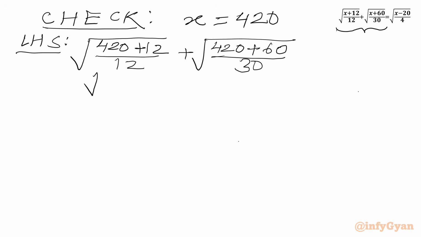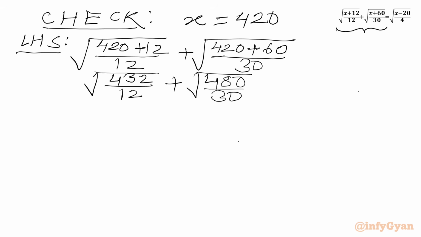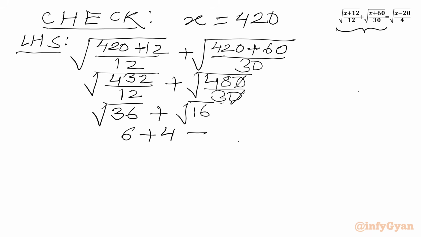We'll get 420 plus 12, 432 over 12, plus 480 over 30 inside the square root. 432 over 12 is 36. So square root of 36 plus, here we will cancel 0 from numerator and denominator, so it is square root of 16, which will be equal to 6 plus 4. So our left hand side is 10.